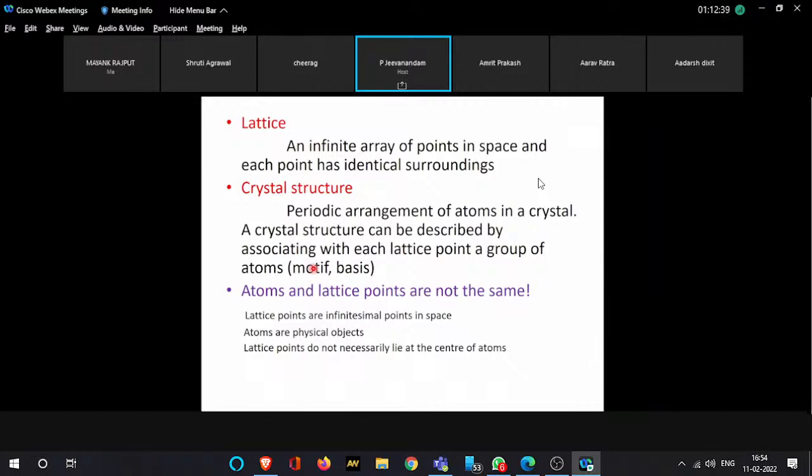In each lattice point, you are putting a group of atoms or molecules, for example. Atoms and lattice points are not the same. Remember this. Lattice points are not necessarily physical objects. In other words, lattice points are infinitesimally small points in space, and the atoms are physical objects, but the lattice points are not. It is simply an array of points in space.